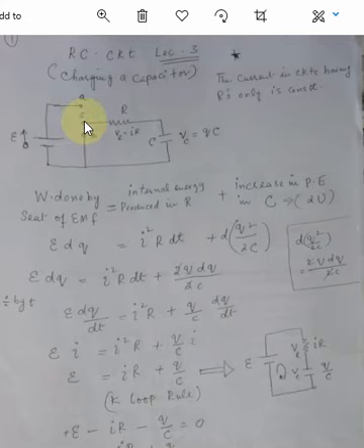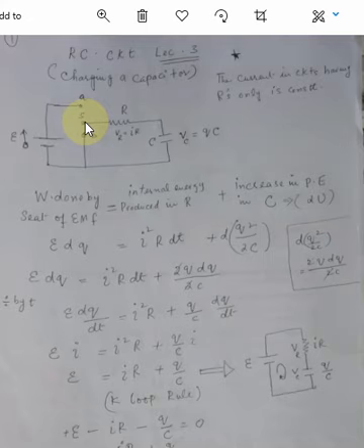If you connect the switch S to the point A, then this source of EMF E comes in connection with this RC series combination. But if you connect this switch to the point B, this source of EMF E gets disconnected.